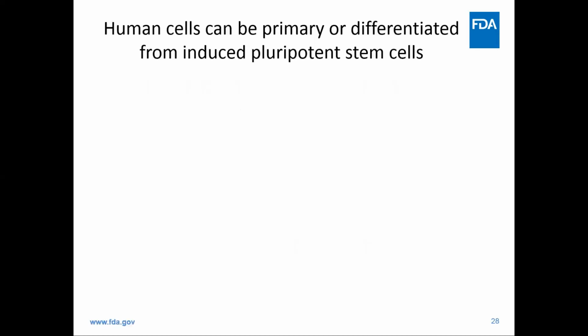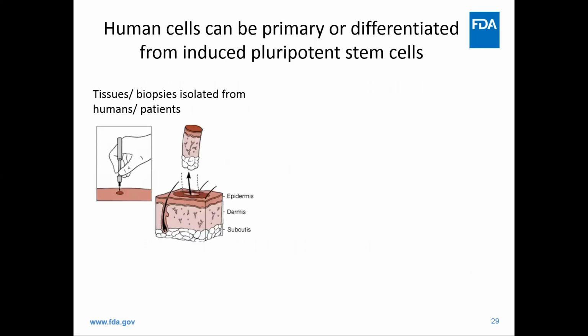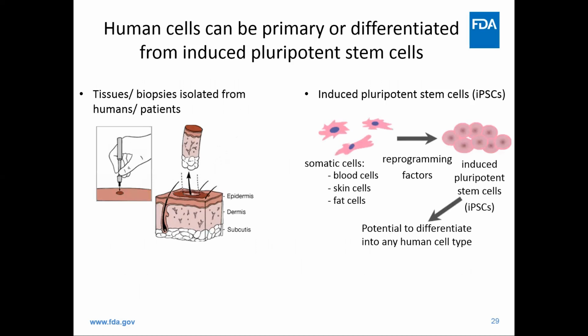So before transitioning to the work that we're doing with cardiac systems, I'll just give a note on the use of human cells. These can be primary or differentiated from induced pluripotent stem cells. Primary cells are isolated from either tissue biopsies or from human patients, and induced pluripotent stem cells are reprogrammed from somatic cells and differentiated into the desired human cell type.